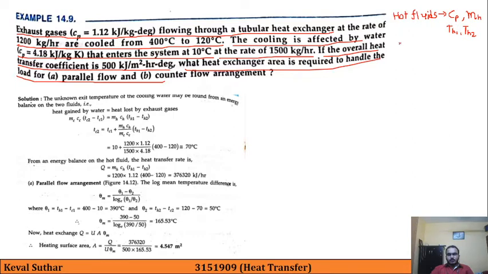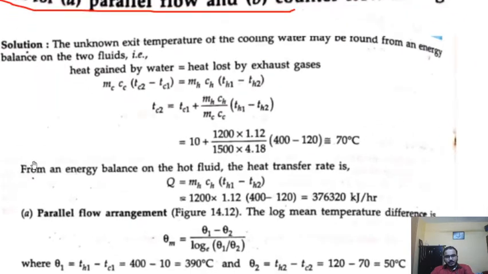Apart from that, for the cold fluid, the value of Cp is available, the mass flow rate of the cold fluid is given, Tc1 is given, and H is available. H is the heat transfer coefficient. So we need to calculate the heat exchanger area required to handle the load for the parallel and counter flow arrangement.